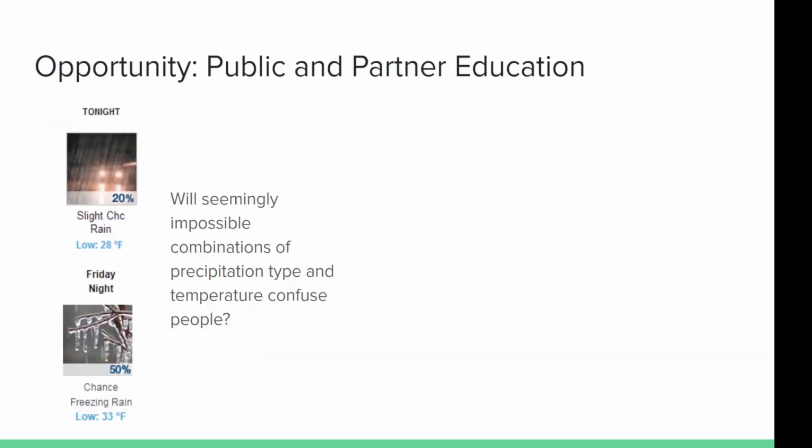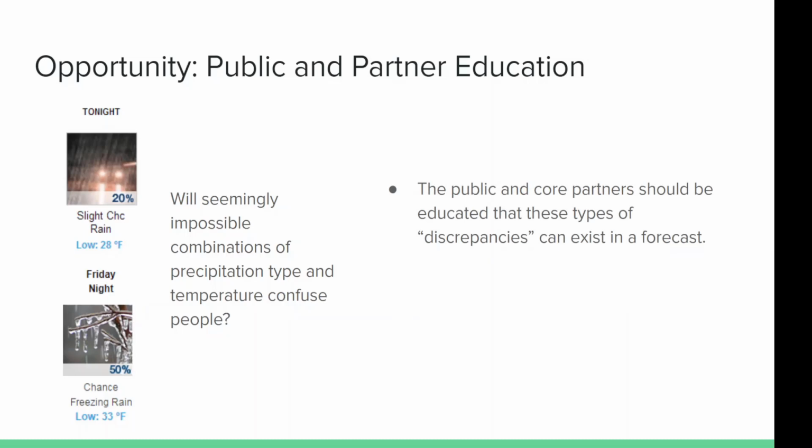So when we mix deterministic and probabilistic data, this can produce a point-and-click forecast that seems wrong, like in these two examples. You see the tonight period has a slight chance of rain with a low of 28, and then on Friday night we have a chance of freezing rain with a low of 33, above freezing. In reality, and as shown earlier, these situations are legit meteorologically speaking, and thus we must educate our public and core partners that these types of, quote, discrepancies can exist from time to time in the forecast.